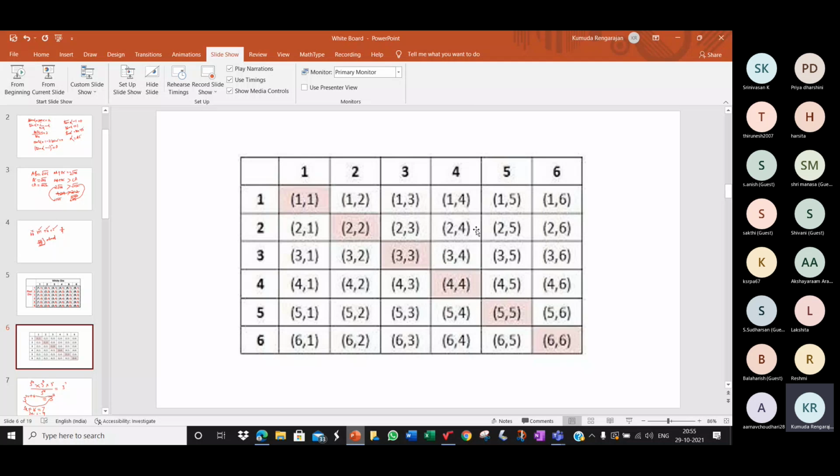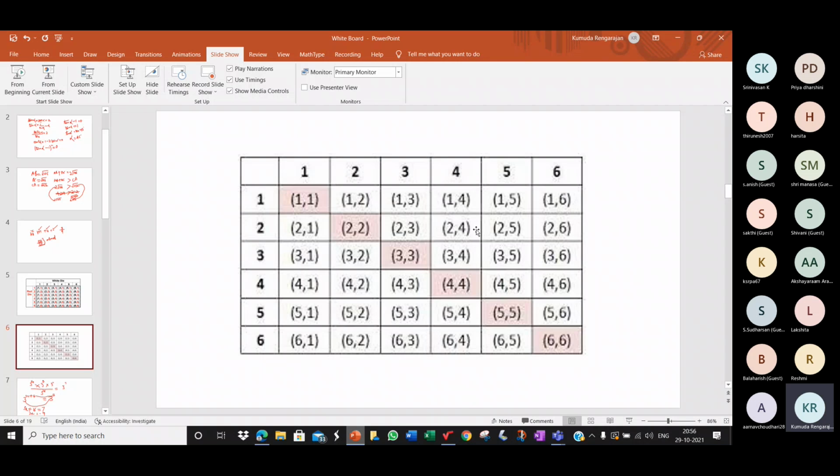If x is the number on the first die and y is the number on the second die, when we say x is equal to y, how many outcomes? 6, ma'am. 6 outcomes.